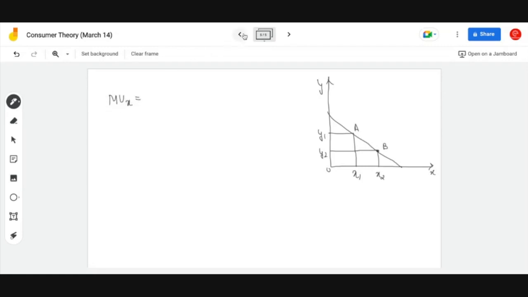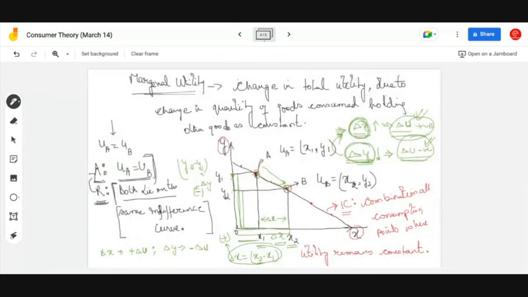One thing which is very important to understand is that whenever we are talking about marginal utility, it is about a very small change. Whenever we are writing delta X, this is the minimal change that can be made in the consumption. That's why we call it marginal, meaning very small.